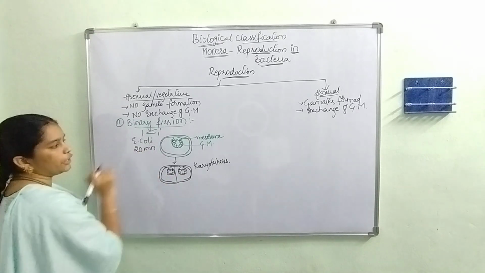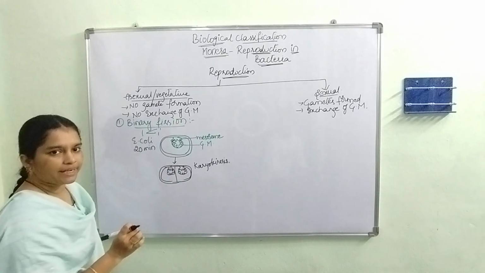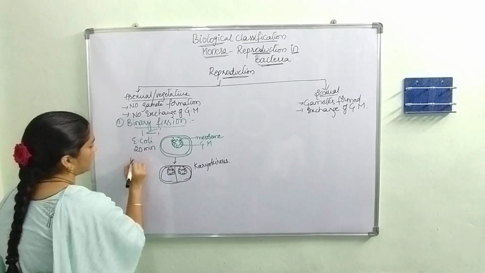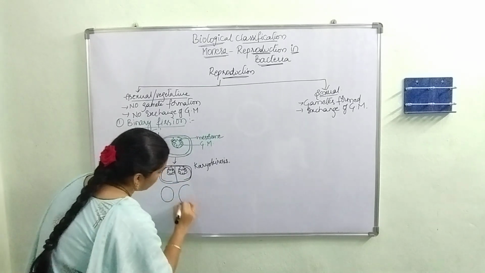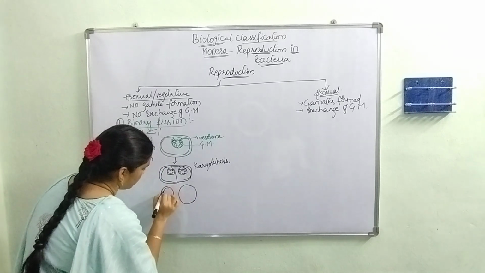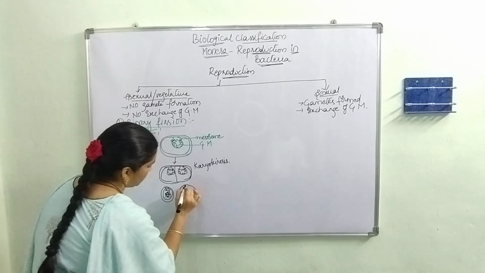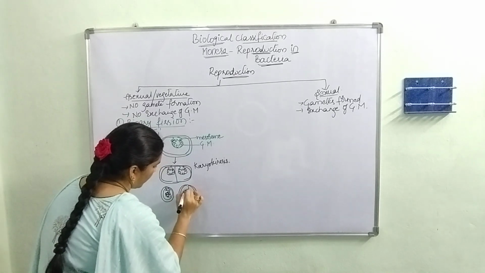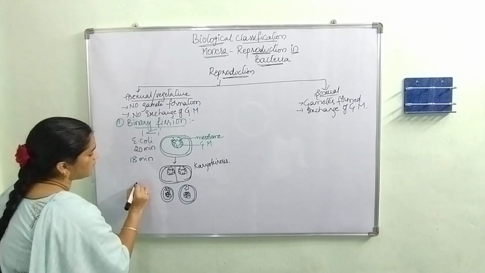Now, in E. coli, the nucleoid or genetic material gets separated in 18 minutes, and the remaining 2 minutes are for cell division.